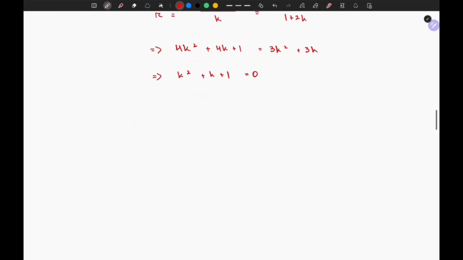But as you can see, let's calculate the value of b squared minus 4ac, which is 1 minus 4 times 1, which is -3. So this gives us a negative value of the discriminant. So we can say that since b squared minus 4ac is less than 0, this contradicts our assumption.